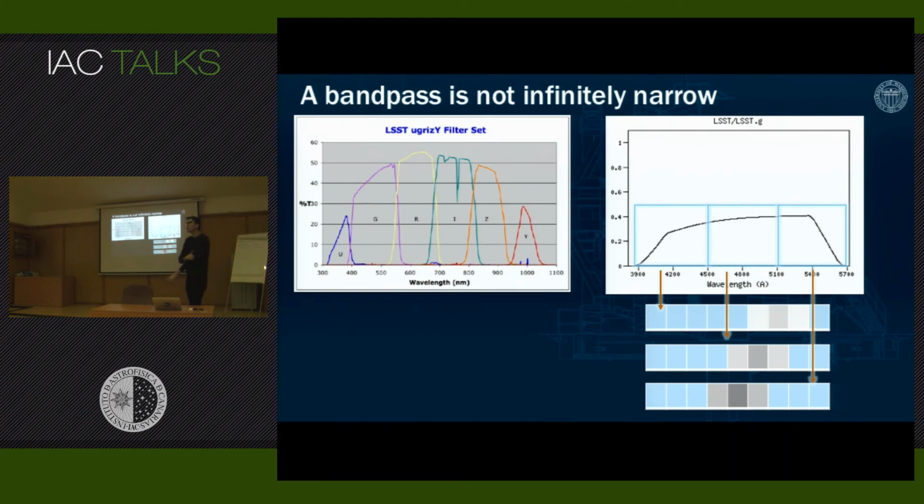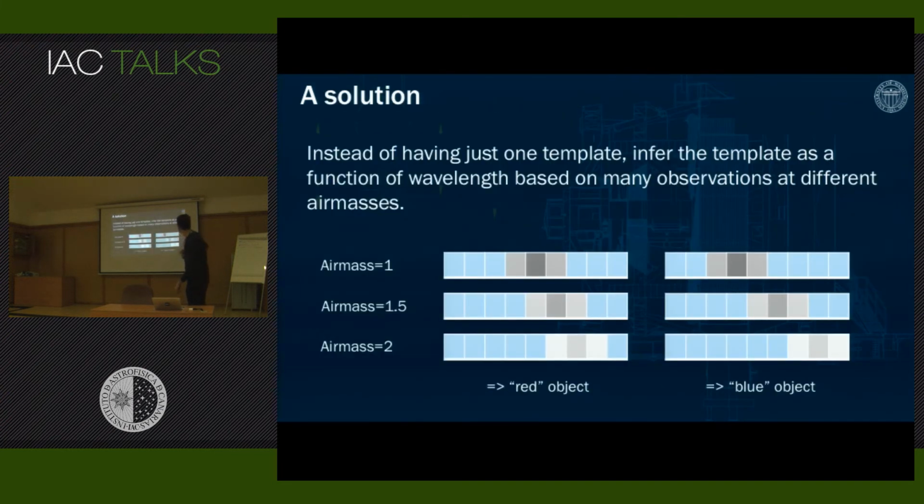So this is also a hint at a solution, right? If we observe the same object at different air masses, which means essentially different inclinations relative to the zenith, if we observe 2 different objects at different air masses, they're going to be shifted differently depending on their color.